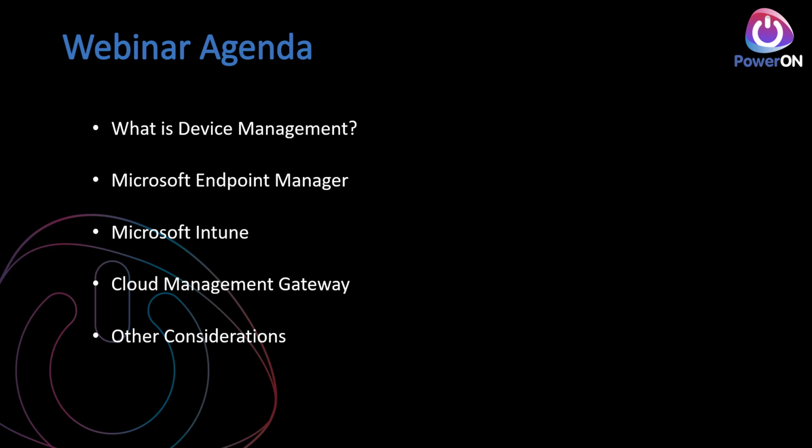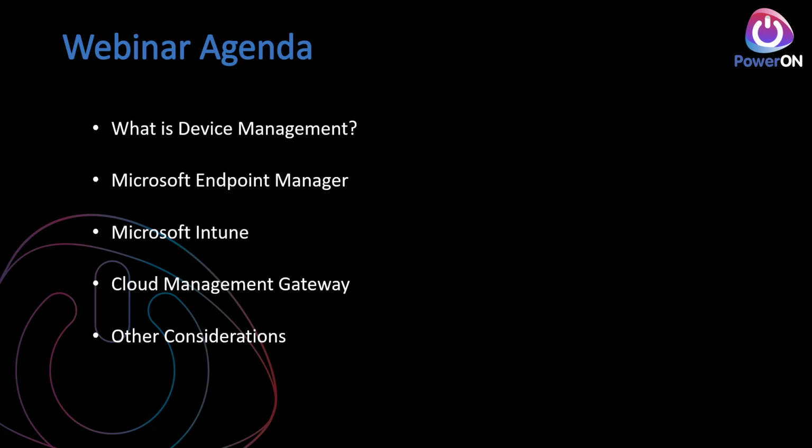And following on from that, we'll touch on Microsoft Intune, which I'm sure you've all heard of, is a sort of cloud-based service from Microsoft which can help manage Windows 10 as well as other things. Also, we've got something called a Cloud Management Gateway, which is a component of Microsoft Configuration Manager.